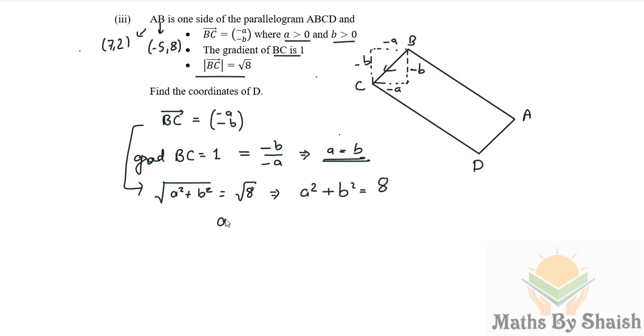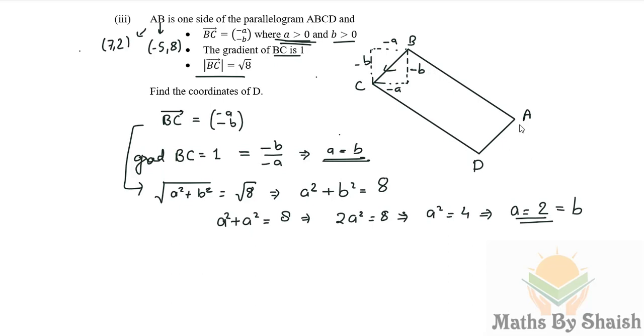So from here we get a squared plus a squared as 8, or 2a squared as 8, or we cancel 2, so we get a squared as 4. And from here we get a as plus or minus 2, but we know that a is a positive value because it is given a is greater than 0, so we take only a as 2, and hence this becomes b. So from B to C we have to go down by 2 and back by 2.